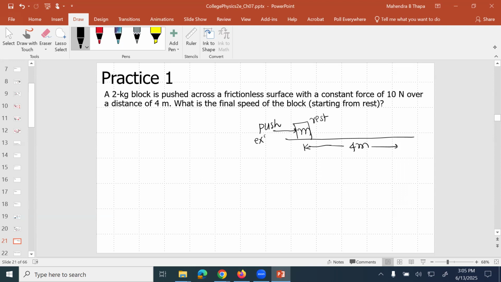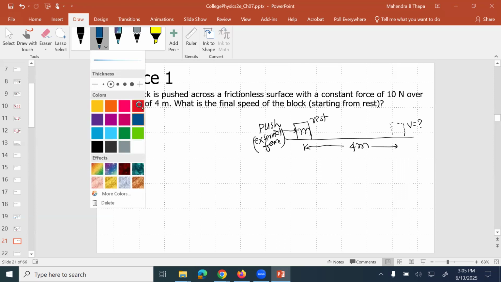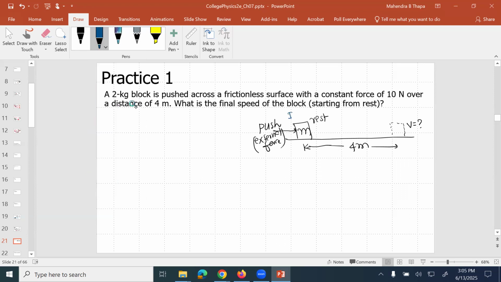This is the external force. The object will be at 4 meters. At that point, say its final velocity is v. We want to know that. We don't know that now. We need to figure it out. So clearly, this is your initial position and that is the final position.